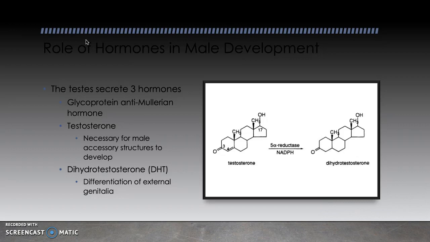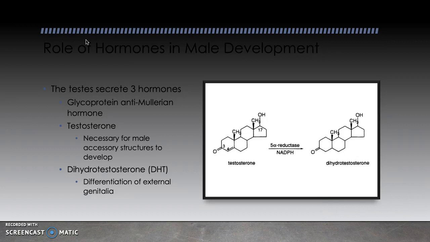DHT is responsible for the differentiation of external genitalia, and so it makes sense that a lack of DHT at birth is responsible for pseudohermaphroditism, where children appear female at birth, but when they reach puberty, they begin to secrete testosterone, causing a cascade of developmental changes. Kind of as a side note there.